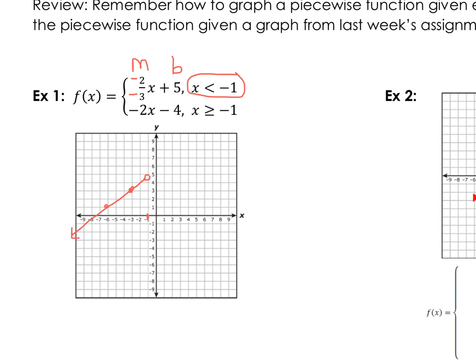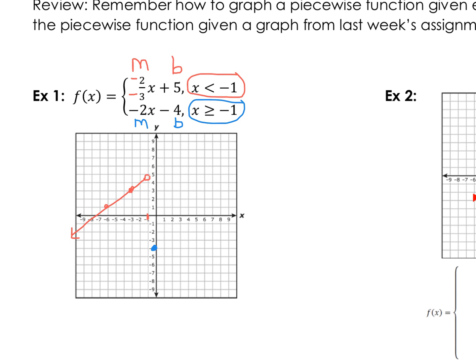All right, now the second part of my function says f of x equals -2x minus 4. So my slope is -2 and my y-intercept is -4. And this is going to occur when x is greater than or equal to -1. So my y-intercept is -4, so start with that on your y-axis.